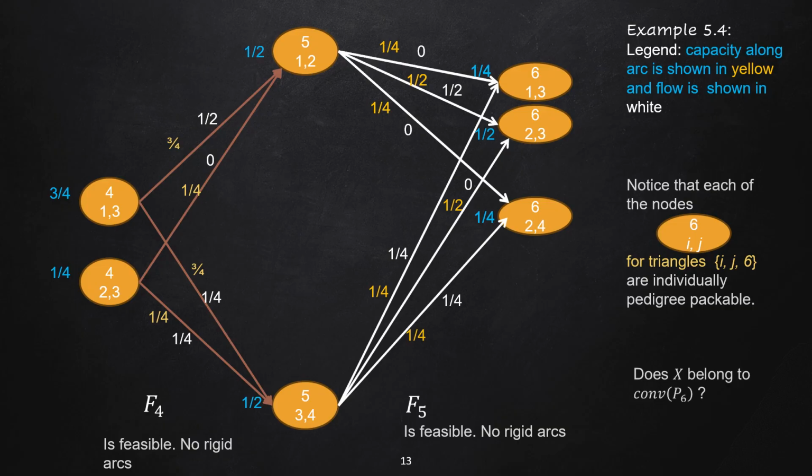Notice that each of the nodes 6ij corresponding to triangle ij6 are individually pedigree packable. That means we do have pedigrees that can bring the required node capacity at 613, 623, etc., 624 individually through pedigree paths.